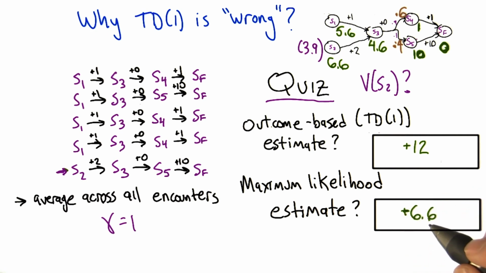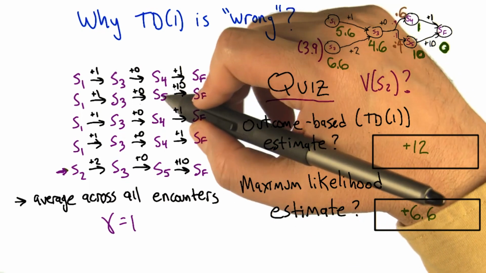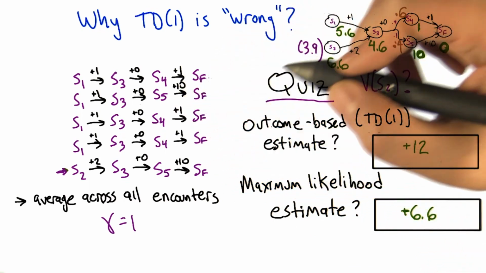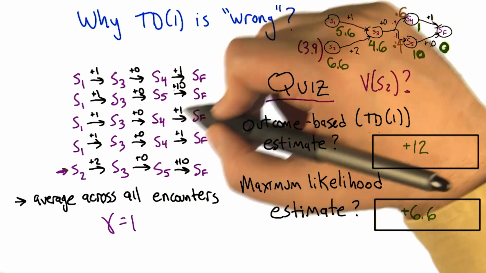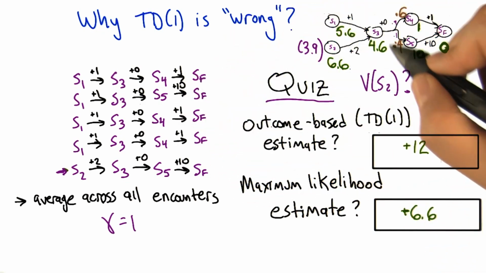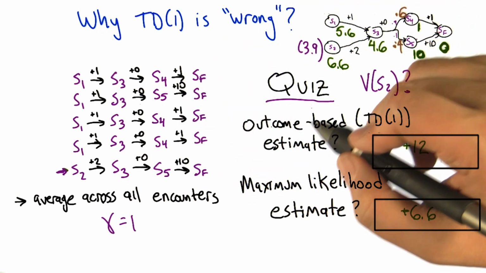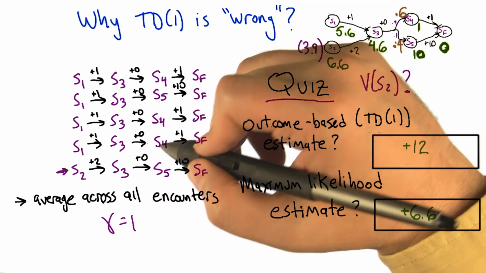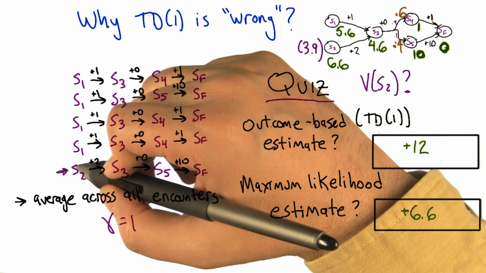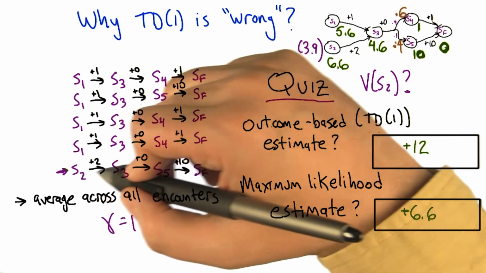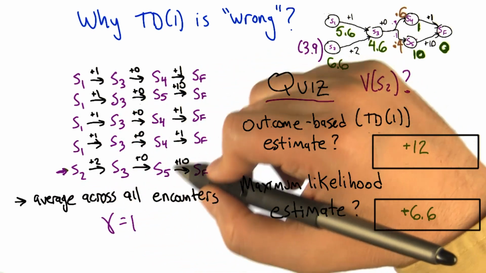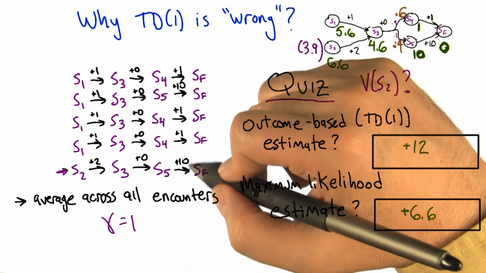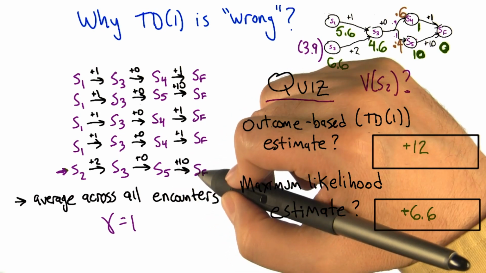The reason it's higher than it should be is because we got lucky, I guess, and had a bunch more transitions to the high reward state S5 than we would expect on average. And from the one trajectory we did from S2, we got the unlikely outcome, which is high reward, and so we ended up with an estimate that is way higher than it really should be.